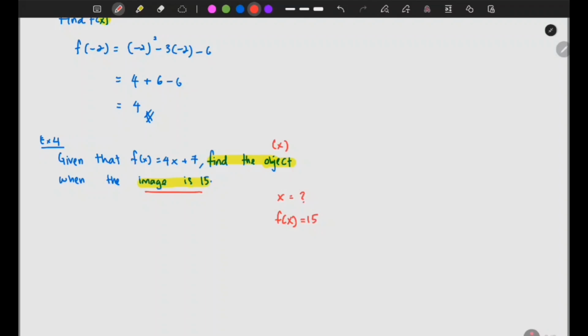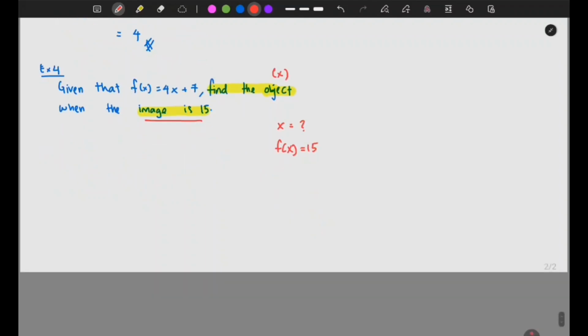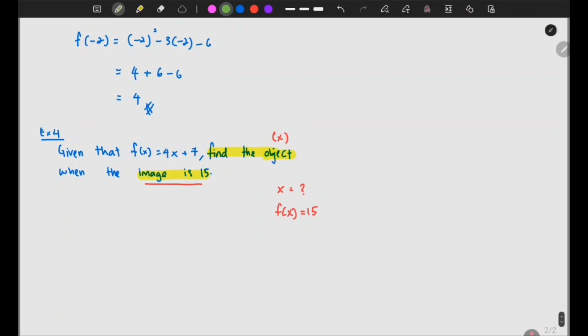You got your next step already. You know f(x) is 15 and you're going to find your x. So what is f(x)? They already give us f(x) is 4x plus 7. I didn't change anything, I'm just writing it in the way they gave us: 4x plus 7, and this is equal to 15.